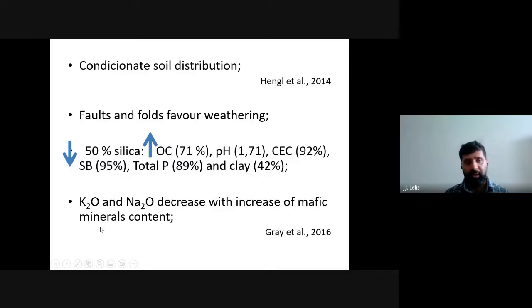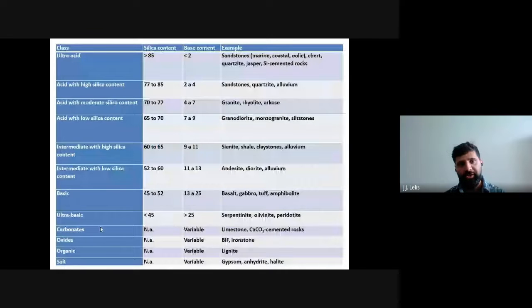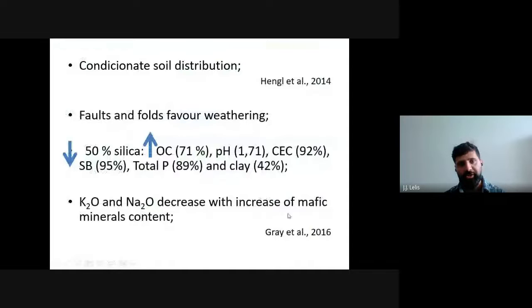So we can estimate the content of bases, the nutrients and organic carbon, pH, and even the texture of a soil according to the mineral composition of the parent material. All these studies I will share with you, so don't worry, I will put them on the classroom.